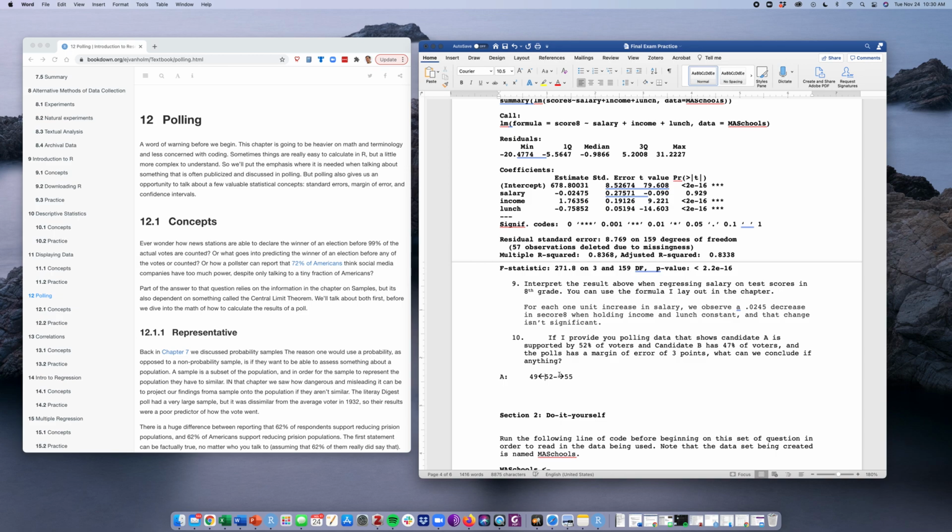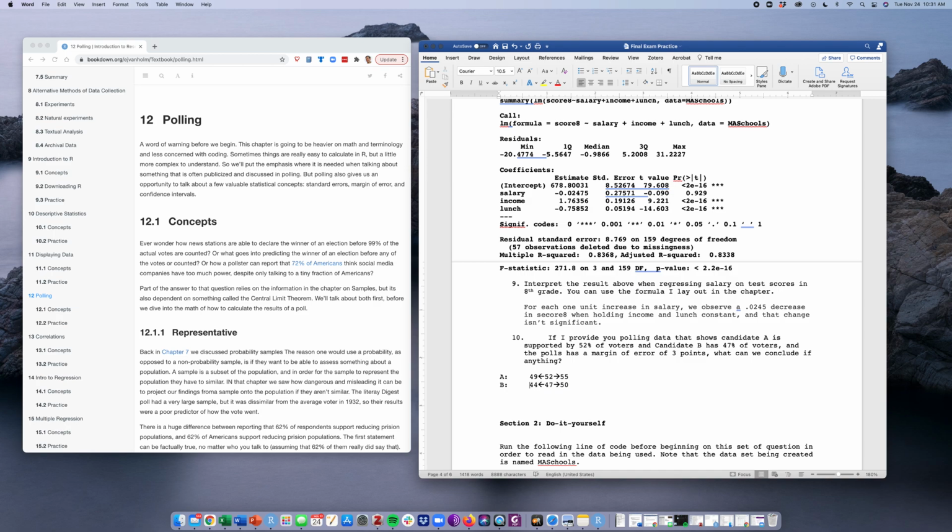And candidate B has support from 47% of voters in this poll, but that's plus or minus 3 points. And so that might be as high as 50, and it might be as low as 44.